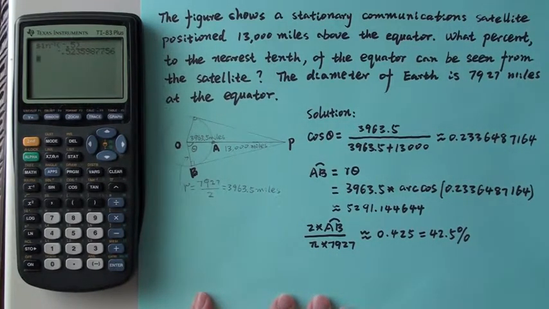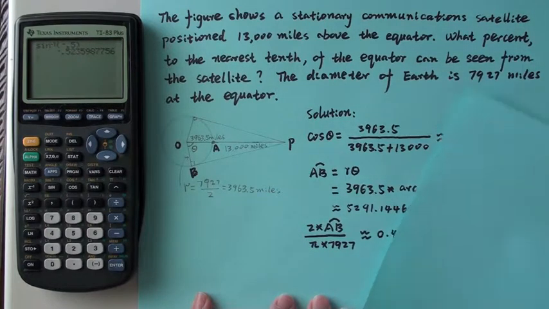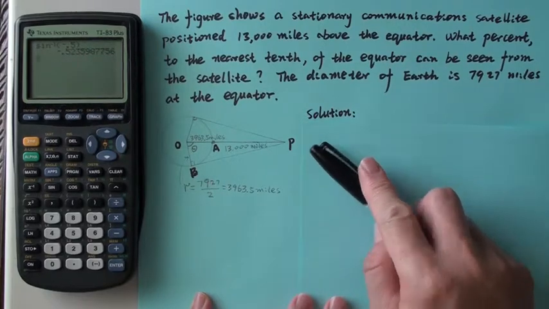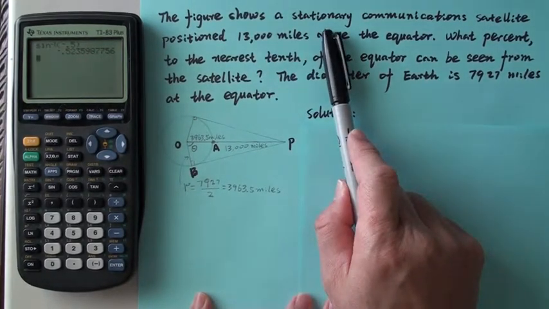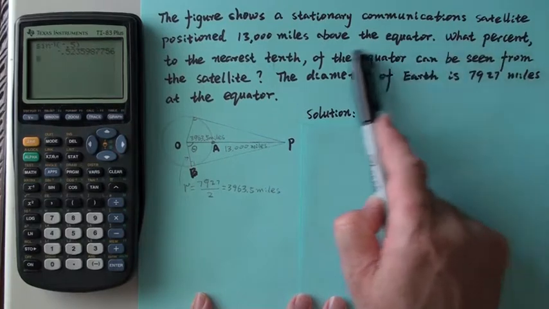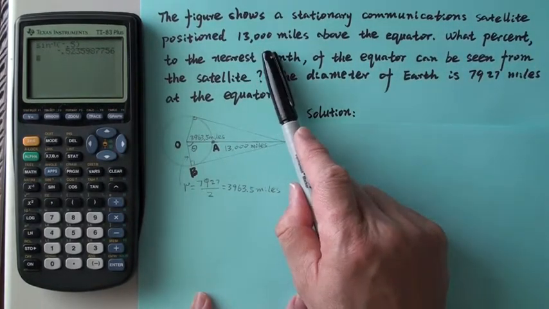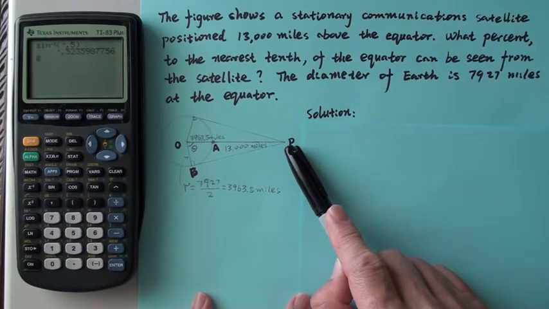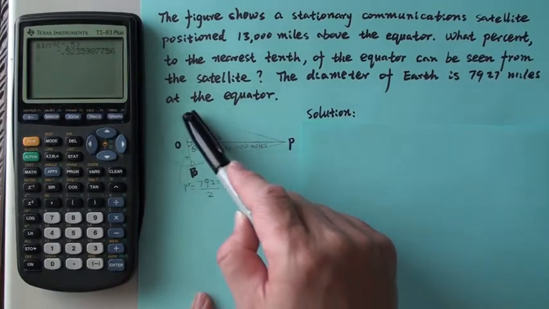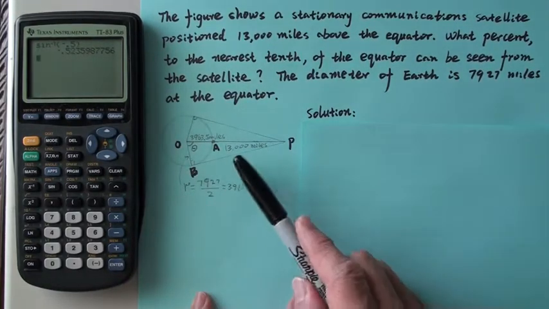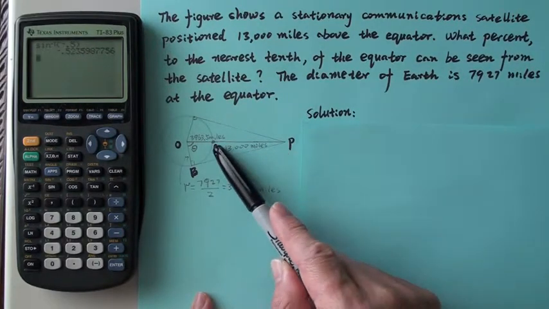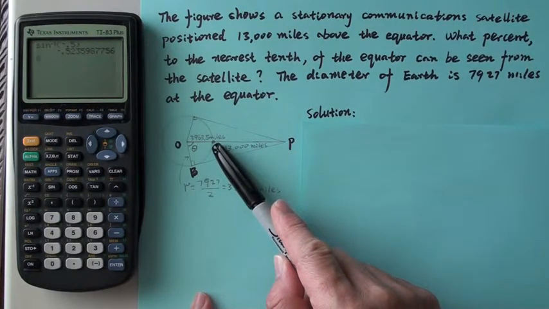First, we need to understand the question. The figure shows the stationary communication satellite positioned at 13,000 miles above the equator. If the satellite is here, and let's say this is the equator, then 13,000 miles means from the satellite to the surface at this point.